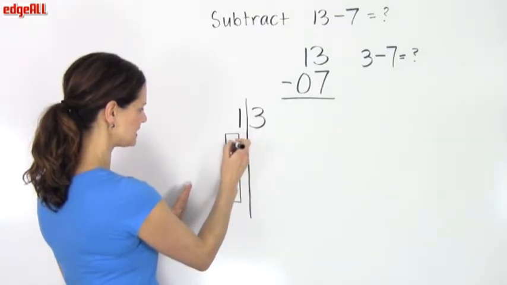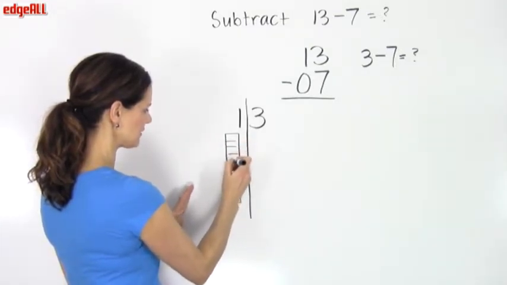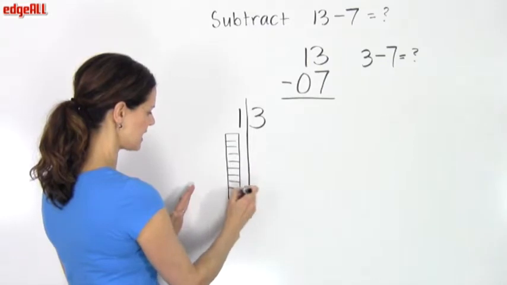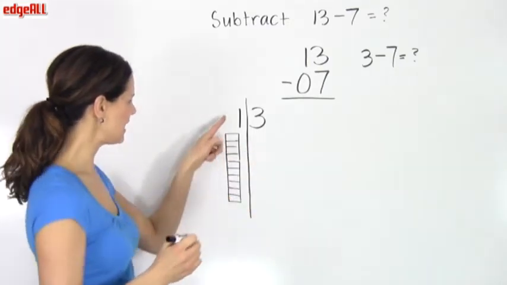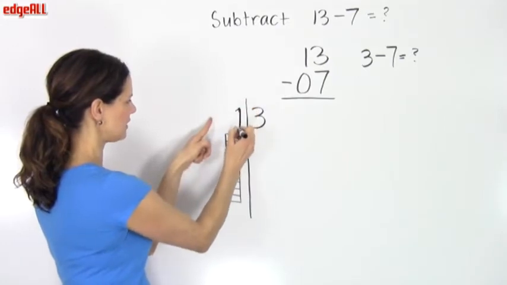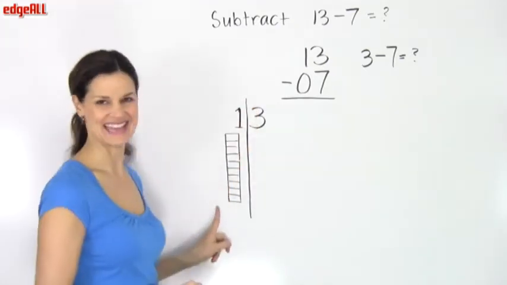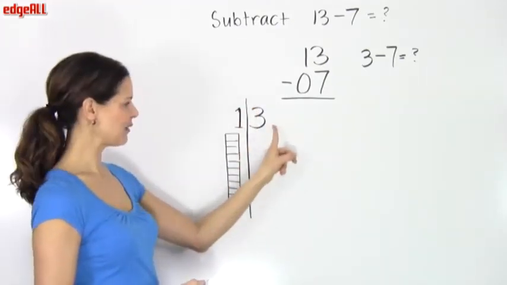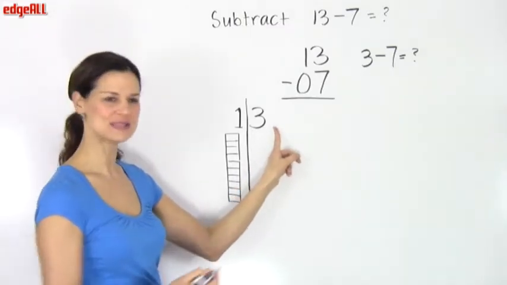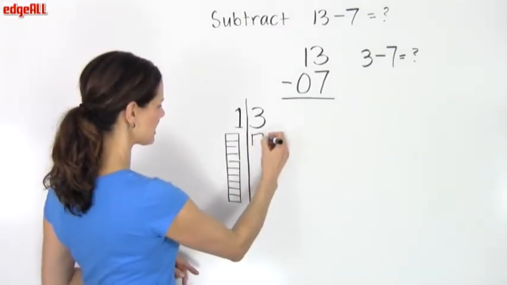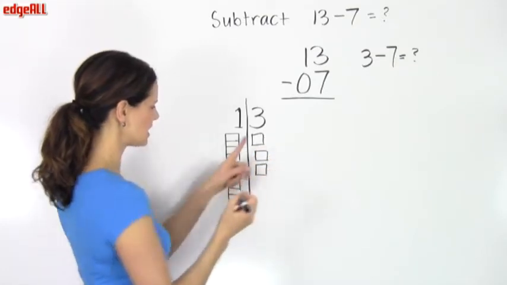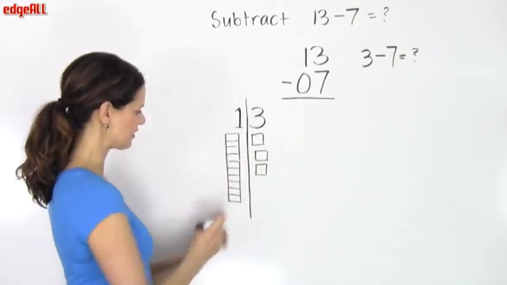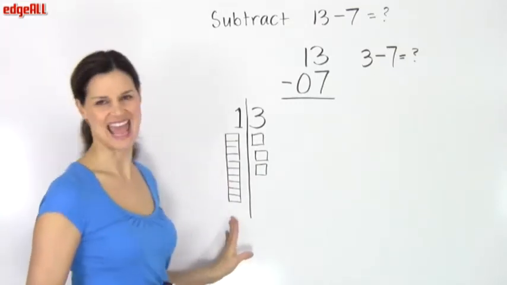So let's make a little 10 bar here: 1, 2, 3, 4, 5, 6, 7, 8, 9, and 10. So here I've got in my tens column 1 ten, and in my ones place, I have 3 ones. I'll draw these separated because they're just ones. This one's all together because it's representing a 10.